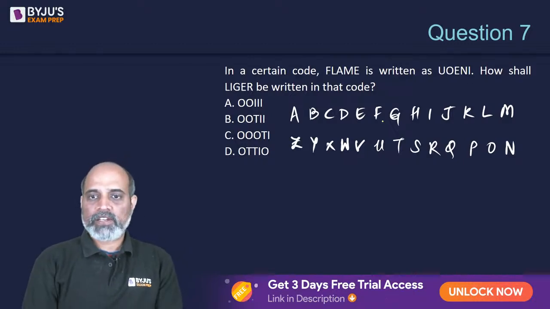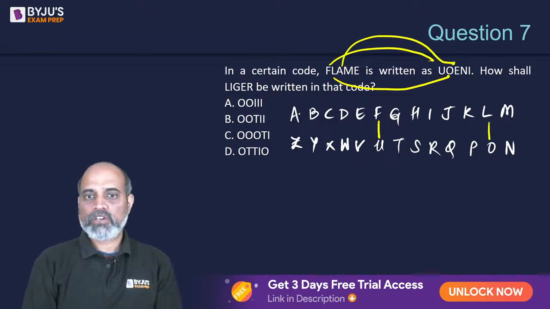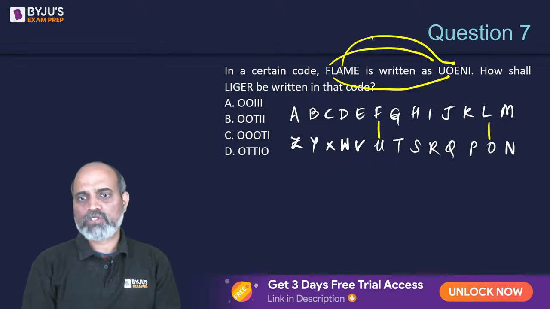Okay. Now, F is written as U, so that means they are in the same column. L is written as O, they are in the same column. A is written as E. Is it 4 ahead or is it the next vowel? So either it is 4 ahead or it's the next vowel. We will look at the options and decide.